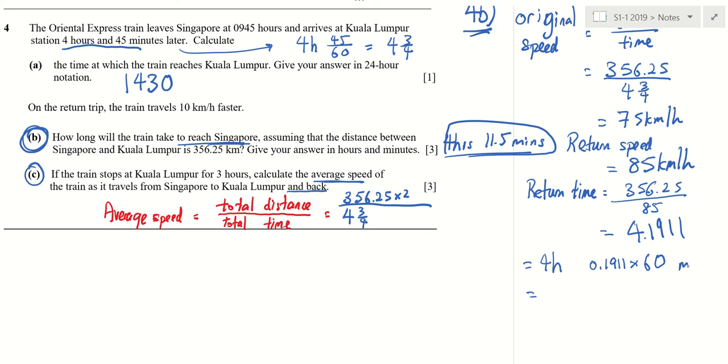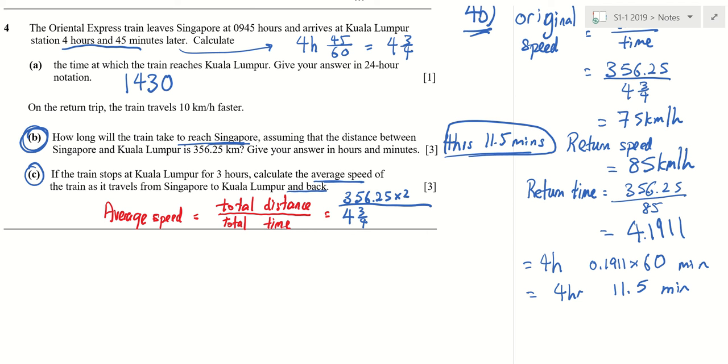And this is the number of minutes. So write it down so that later you can convert by times 60. So this is 4 hours, 11.5 minutes. So the answer was correct. But you need to know the return speed before you can do it. Done. So now I got a time.